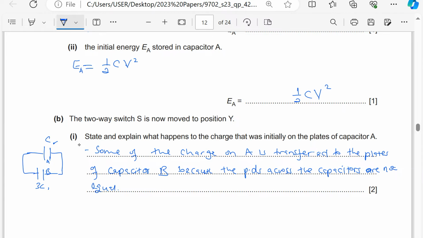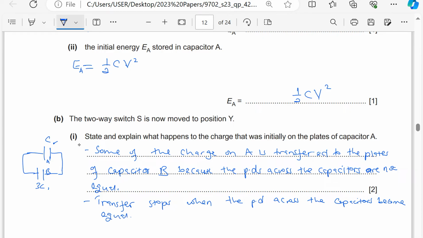But when does transfer of charge stop? Transfer of charge stops when the PD becomes equal. So we shall say transfer stops when the PD across the capacitors become equal.